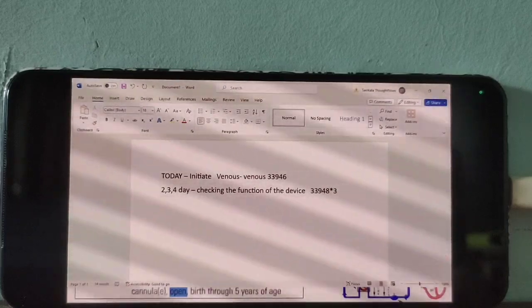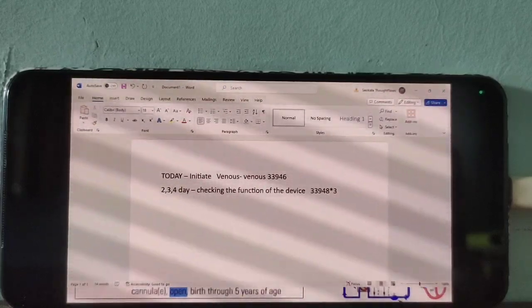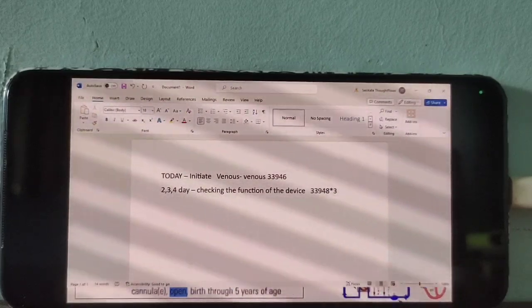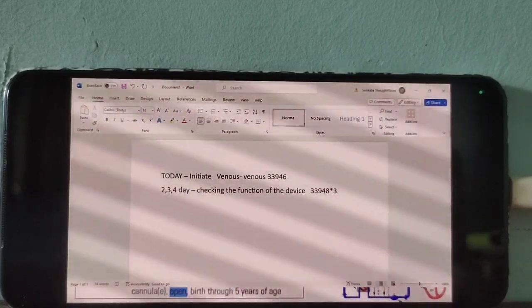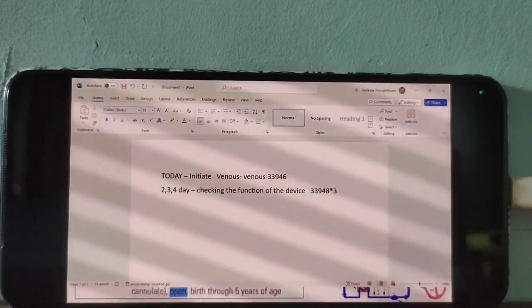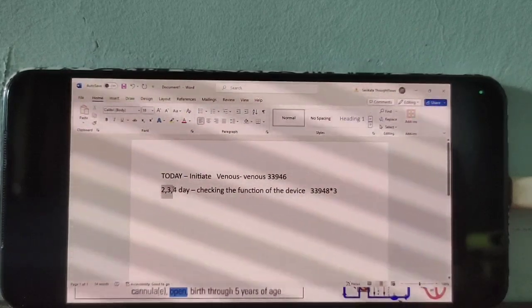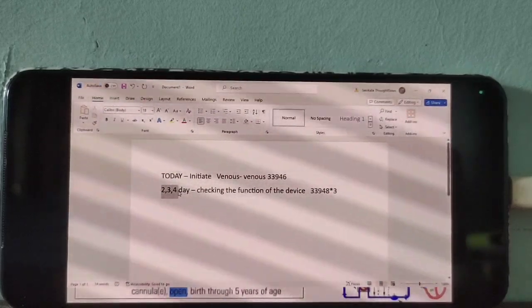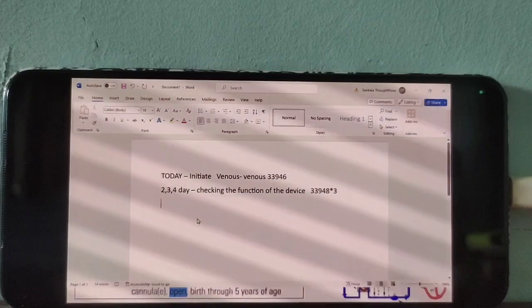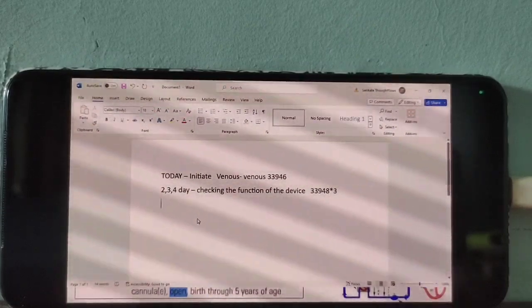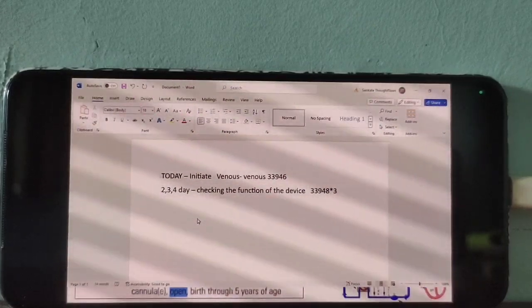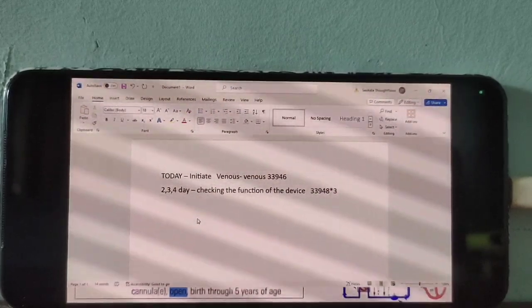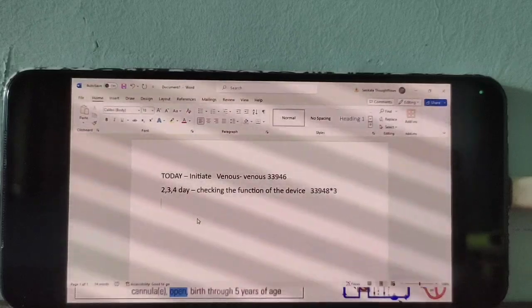On the first day, report 33946; for the second, third and fourth day, report 33948 into 3, because there are 3 days of management beyond the first day. Any doubt? Any question?